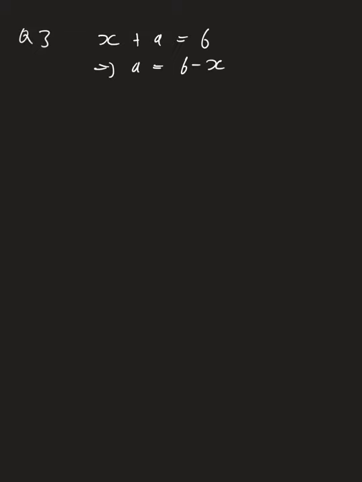So what I'm going to do is write a function for the product in terms of x and maximize it. So let's say the product is going to be y and it's equal to x times 6 minus x, or equal to 6x minus x squared.